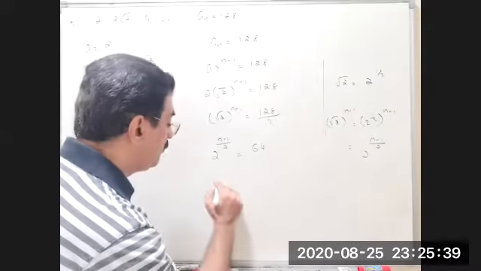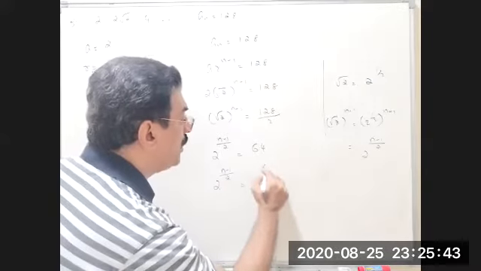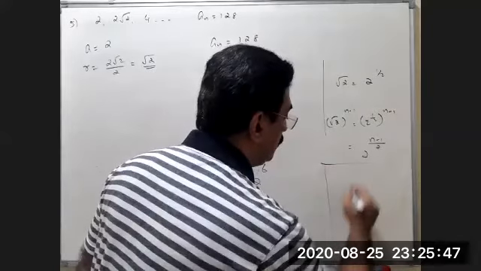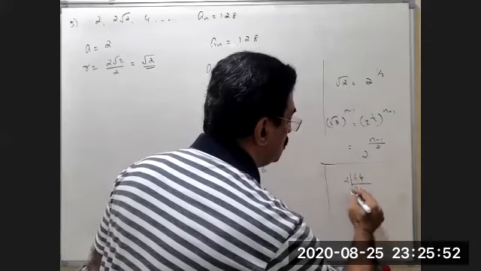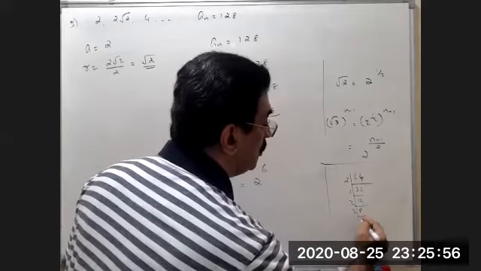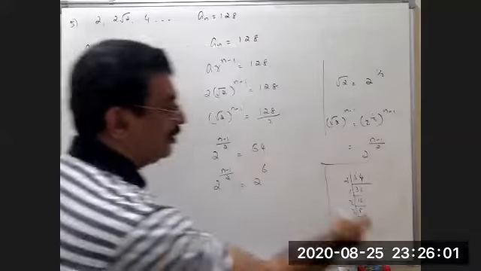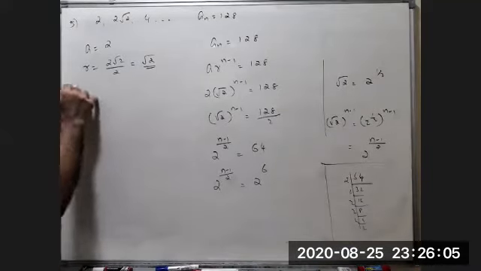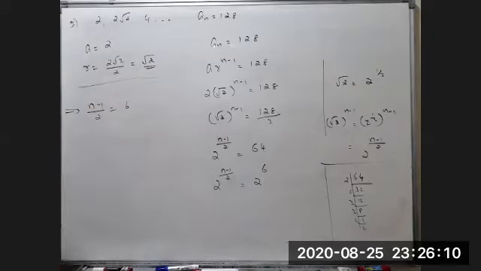So 2 raised to n minus 1 by 2 is 2 raised to 6. Because if you factorize 64, we get 2, 32, 2, 16, 2, 8, 2, 4, 2, 1, that is 6 twos. So we can write n minus 1 by 2 as 6.